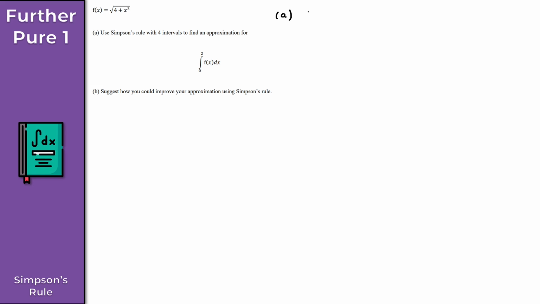The integral of f of x with respect to x from a to b will be approximately 1 over 3 times h, and then we times this by the endpoints, that would be y0 and y subscript 2n, plus 4 lots of the odd values, or the sum of the odd values, and then we have 2 lots of the evens.